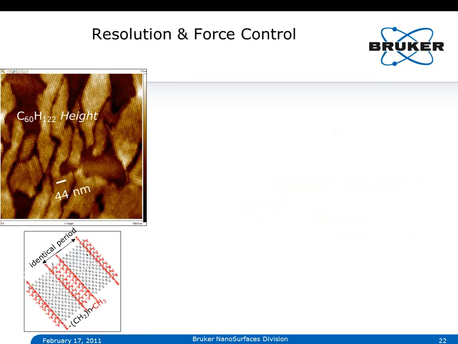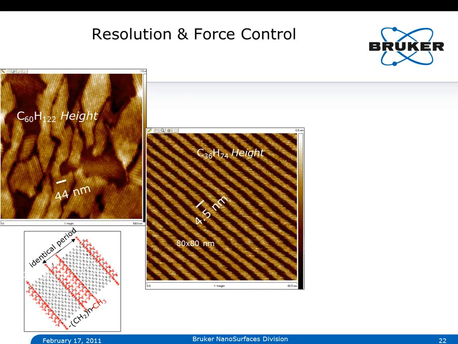So what kind of resolution can we now expect that we looked at tips here? We have some examples of alkanes here on graphite, and in the past, when we got images of the C60 alkane here with a chain-to-chain distance of 40 nanometers, we were actually quite happy.